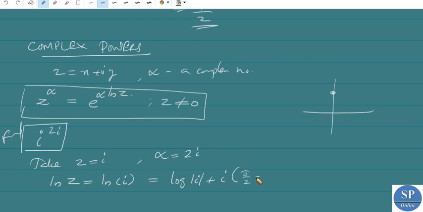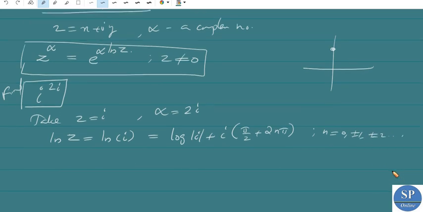So pi by 2 plus 2n pi, where n is equal to 0, plus or minus 1, plus or minus 2, etc. Clear? So we know log of mod i is log 1, that is 0. So this is log 1 plus i into pi by 2 plus 2n pi.